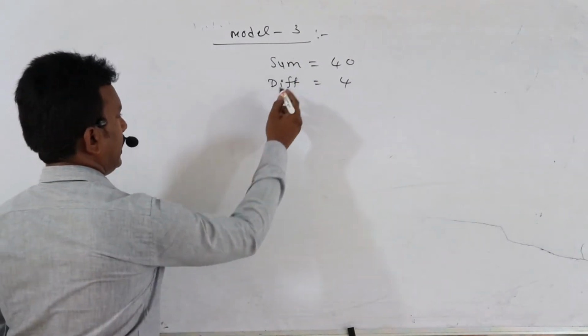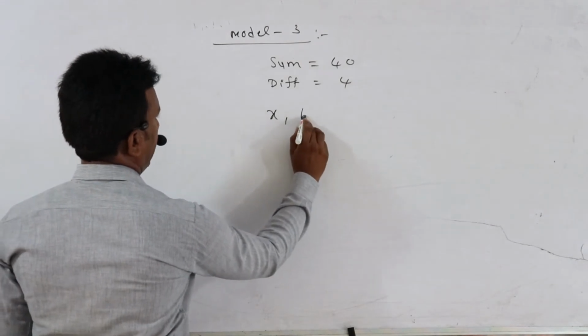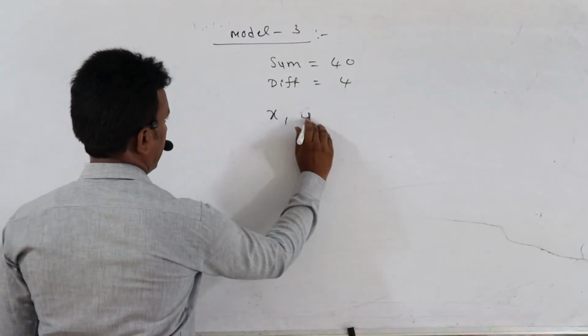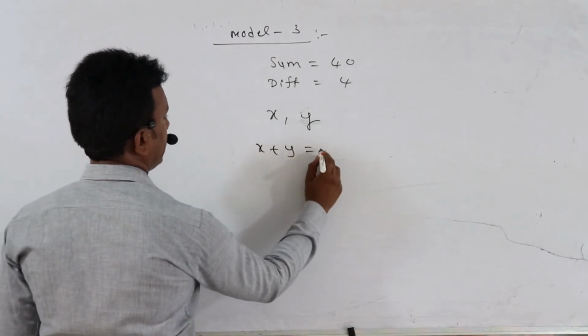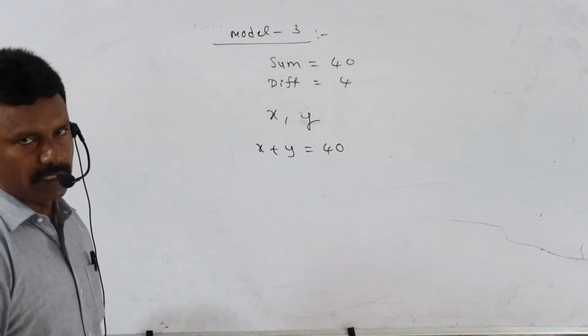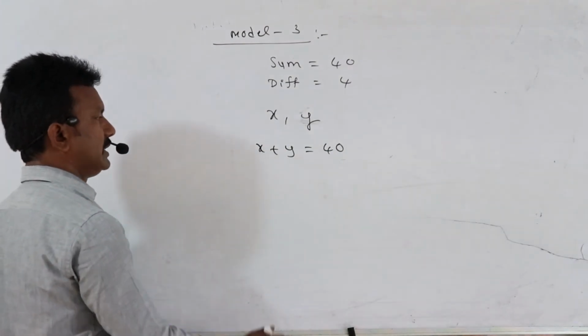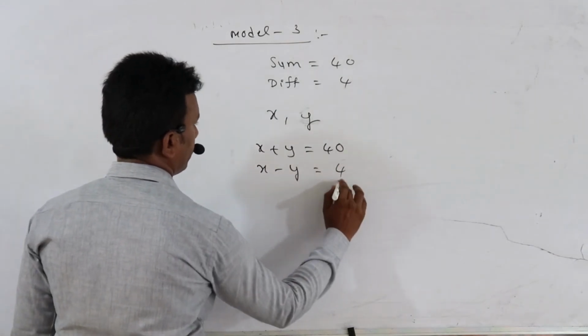Clearly, let the required numbers be x comma y. Given condition 1, x plus y is equal to 40, and the difference of the same numbers means x minus y is equal to 4.